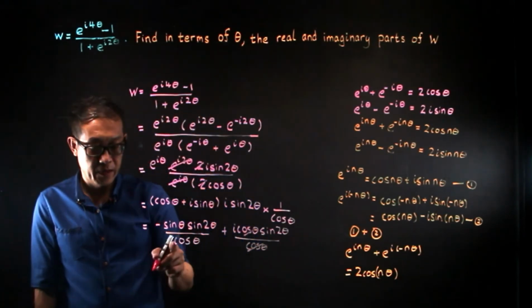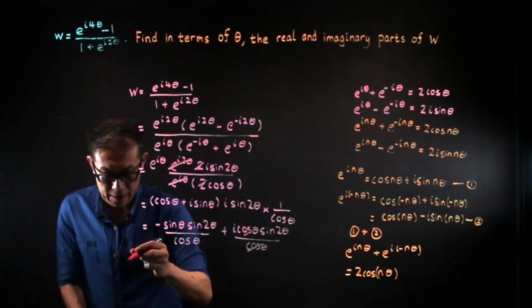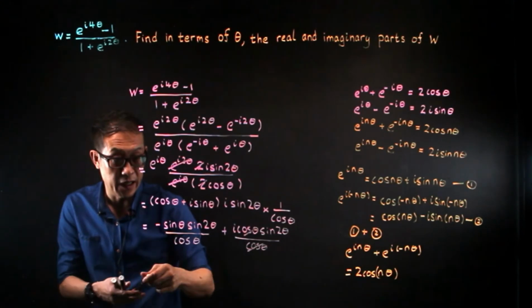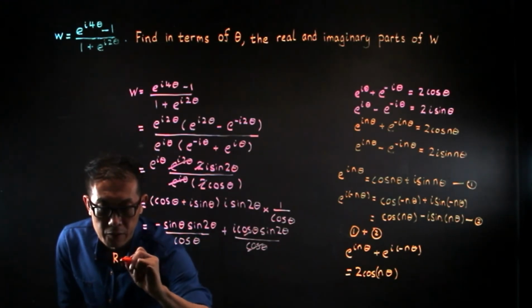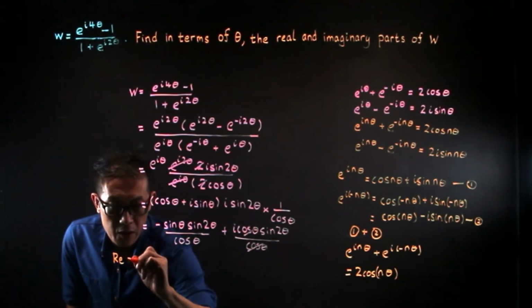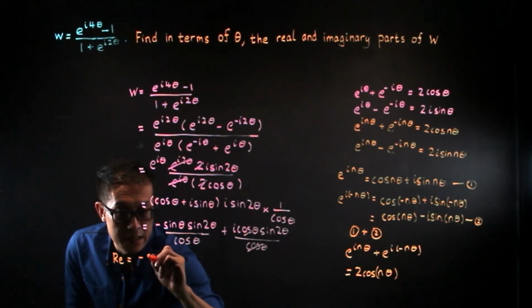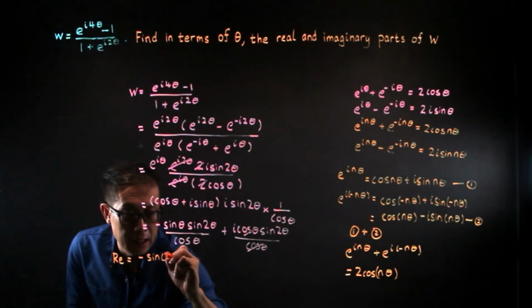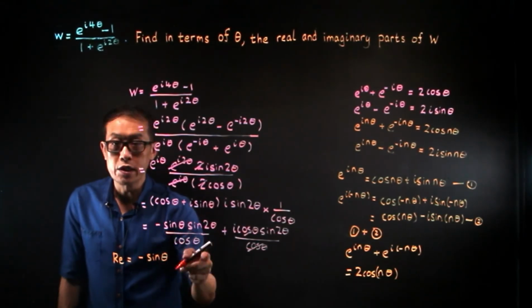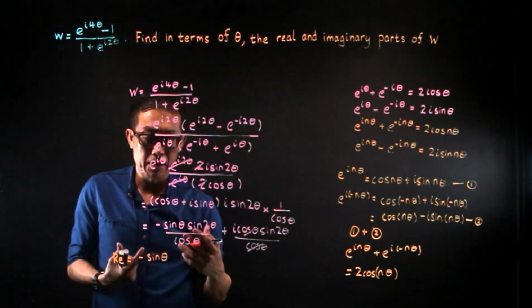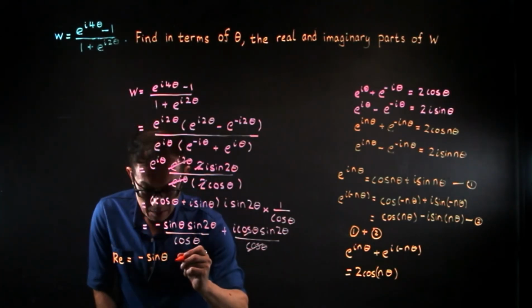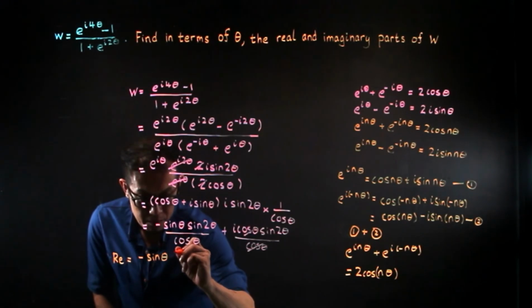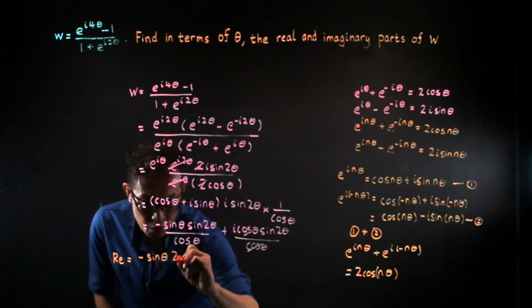Now, what is the real part? The real part will be equal to minus sin θ. Now, sin 2θ, using the double angle formula, can be written as 2 sin θ cos θ.